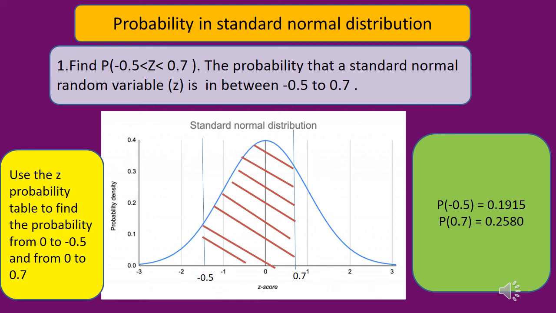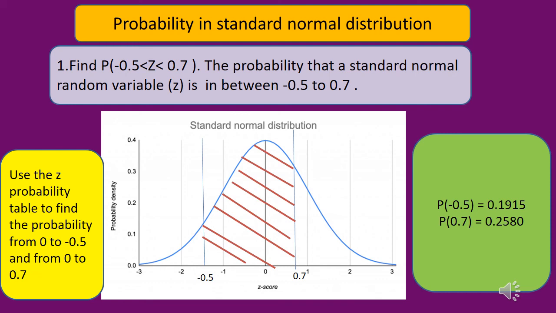Now you are getting the probability between 0 to minus 0.5, that is 0.1915, and also the probability from 0 to 0.7, that is 0.2580. By adding those two together, you can get the probability that a standard normal random variable Z is between minus 0.5 to 0.7.